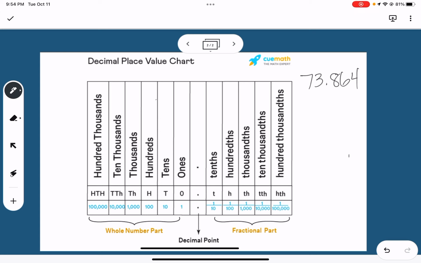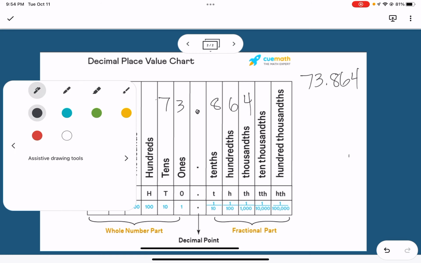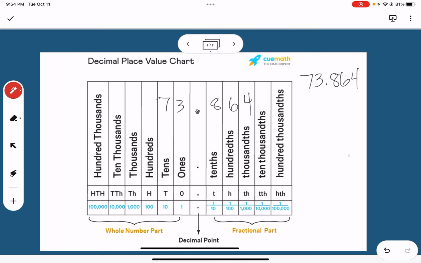So again, I will write it here in my place value chart to keep me organized and focused. I am going to highlight what they want me to round to. I want to stay at the hundredths, so I'm not going to write anything past it. All of this will be blank in my answer.